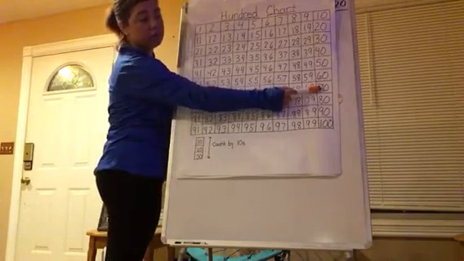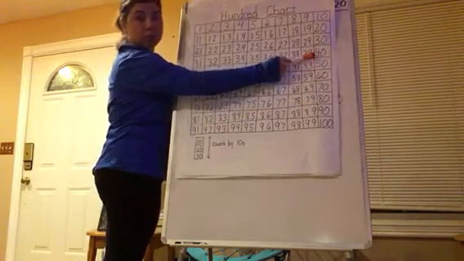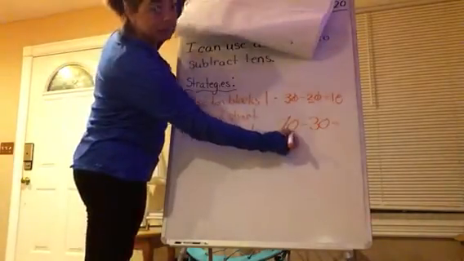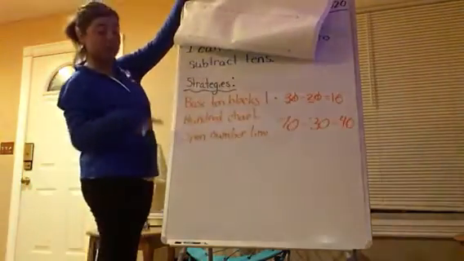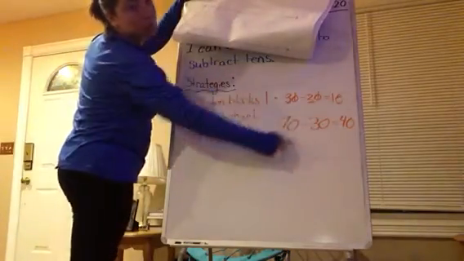So we start at 70 and we count up 1, 2, 3. And where did we land? 40, that's right, we landed on 40. So the difference in 70 take away 30 equals 40. Very nice. So that's how we use the 100 chart to solve 70 take away 30.